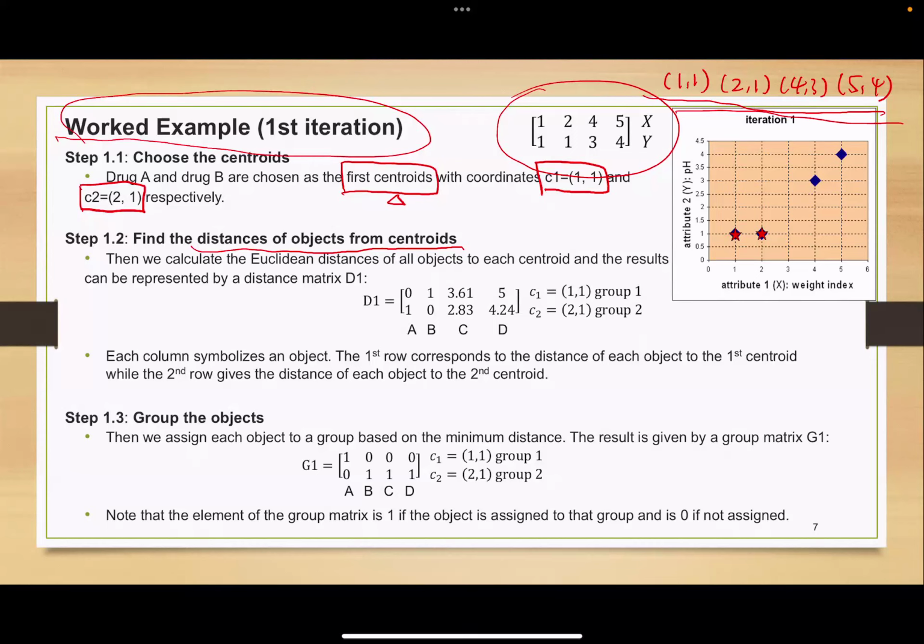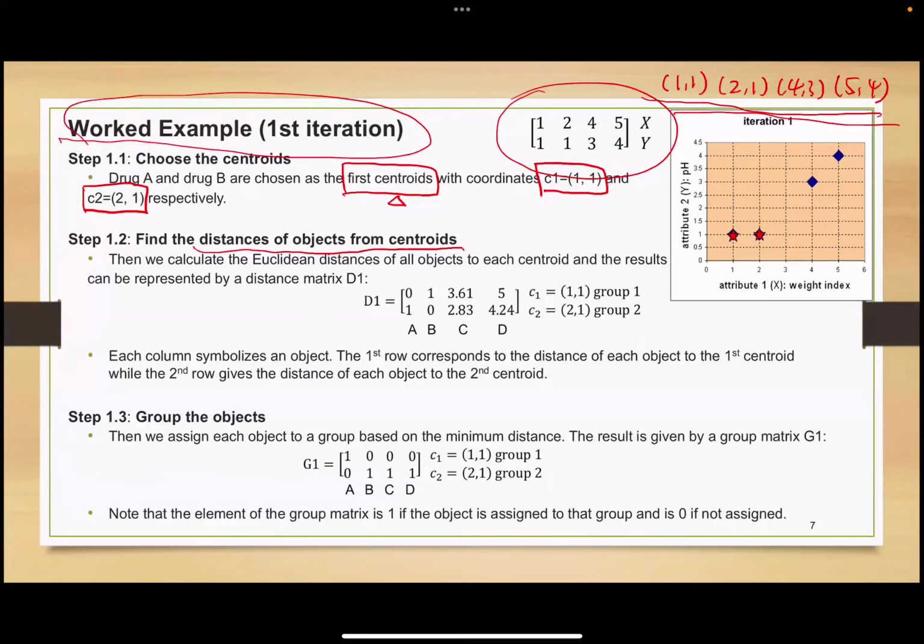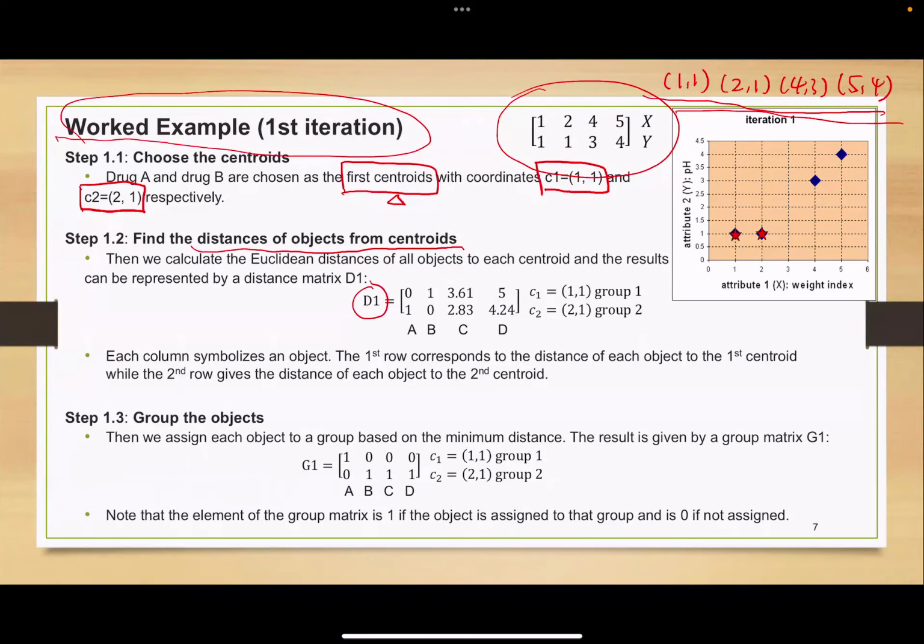And then according to these two centroids, we need to calculate the distance of the groups of data to this centroid. So here is a metric of distance. It records the distance here.